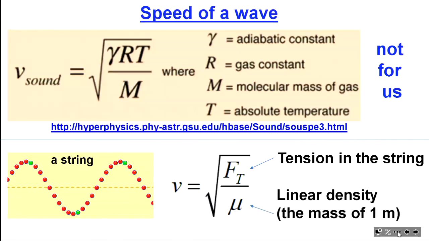This variable represents the mass of 1 meter of that string. We call it a linear density. If we have a fixed string, like a guitar string, we don't change its length, we don't change its mass, but we can change the tension. And by changing the tension force, we can change the speed of the wave traveling on that string.